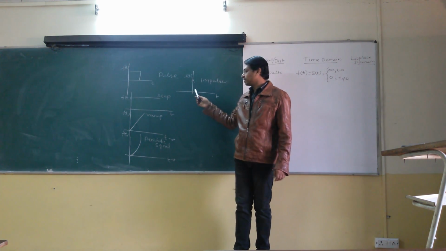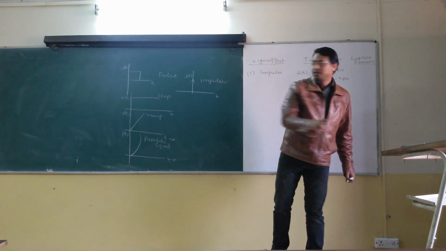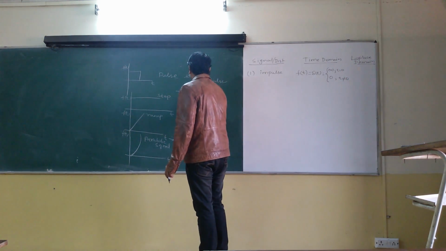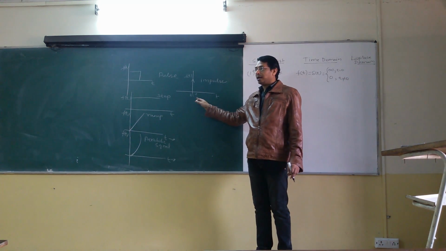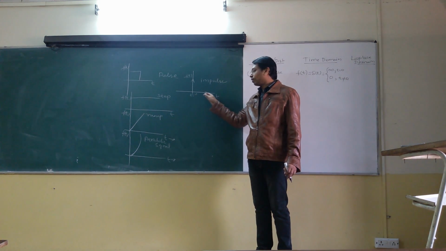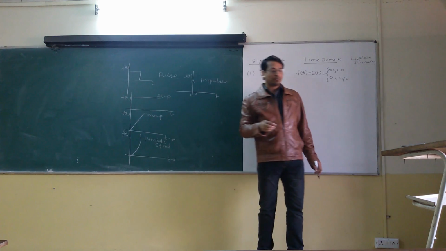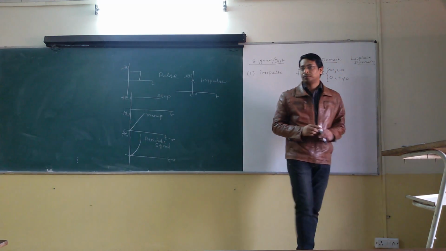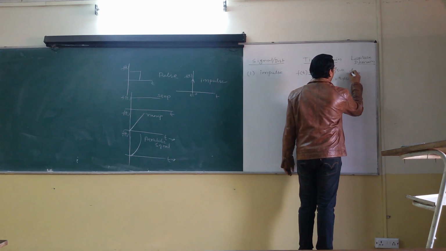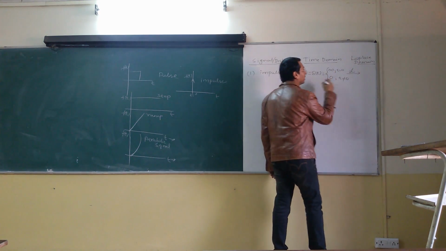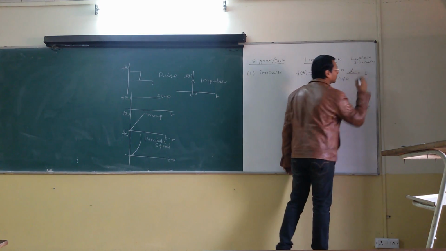See this particular case, the arrow sign is there. Its magnitude is infinity at t equal to 0, and if t is not equal to 0, at all other points the value of this disturbance is 0. And if you take the Laplace transform of this disturbance, you will get just 1.